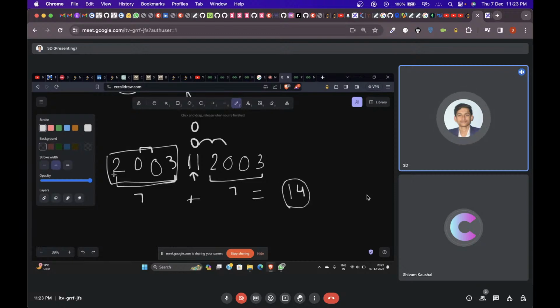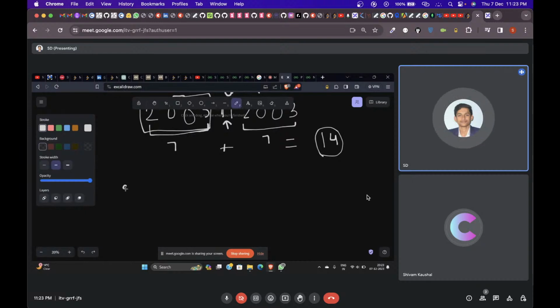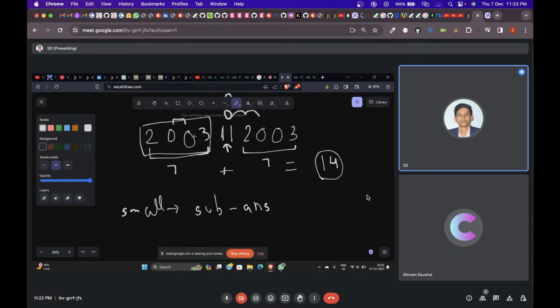Okay, so what is the logic? If the value is smaller, then find the subarray of it, and decrement the subarray from our answer. That is what we have done.